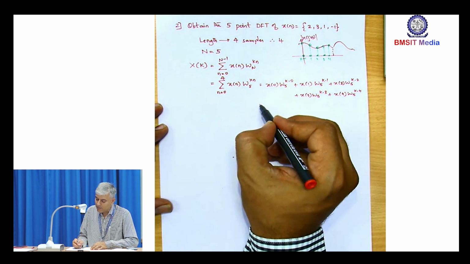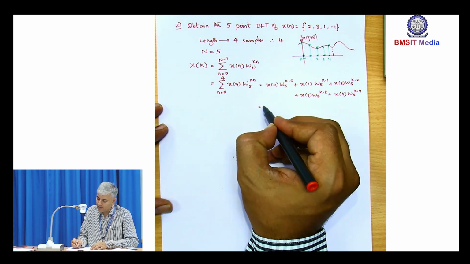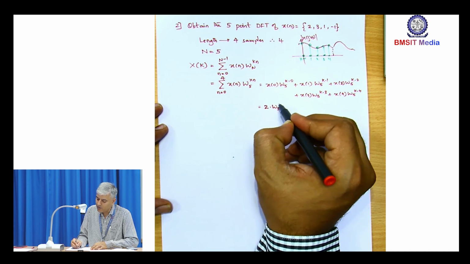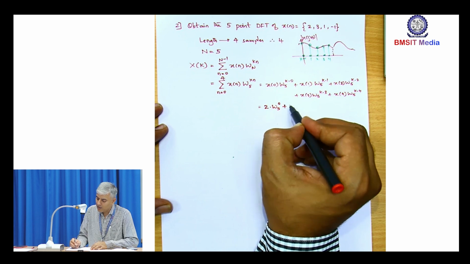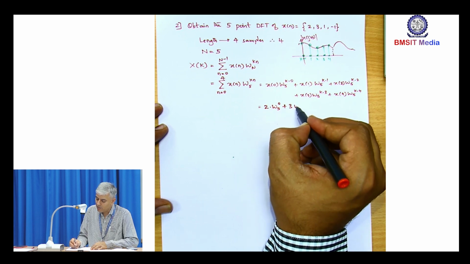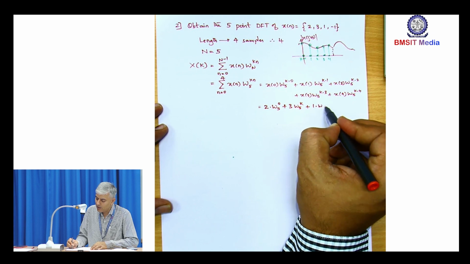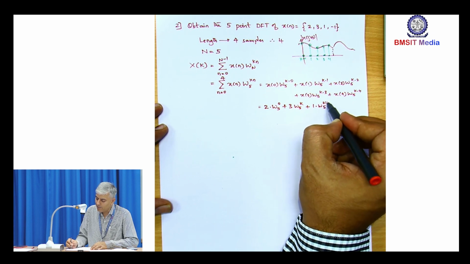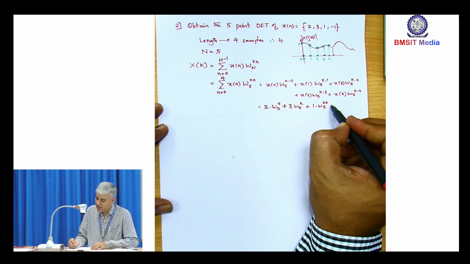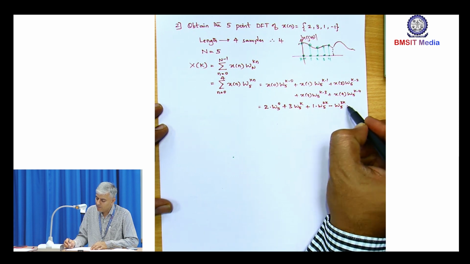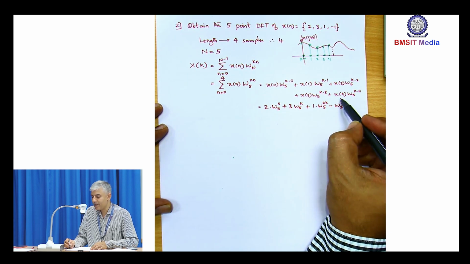Now let us substitute the values. What is x of 0? x of 0 is 2. So 2 into W_5 raised to k into 0, which is anyway 0, plus x of 1 is 3, W_5 raised to k into 1, plus x of 2 is 1 into W_5 raised to 2k, plus x of 3 is minus 1, W_5 raised to 3k, plus, you observe, what is x of 4?